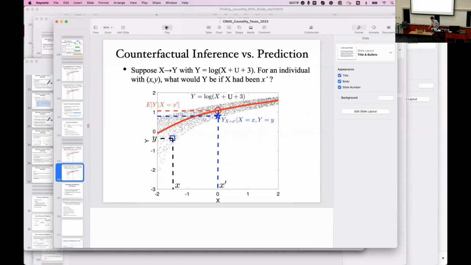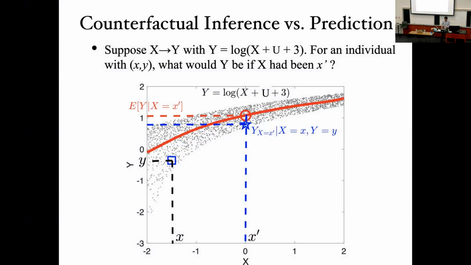Let's see how we can answer this question. So right here, first of all, we are given the values of x, y. And then we can infer the information of the hidden variable, which is u here, unobserved, right? A noise. From this x, y value, we can derive this.